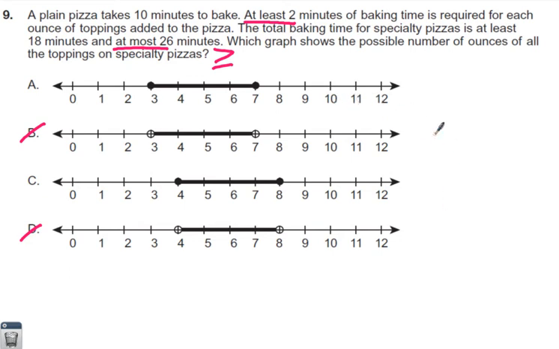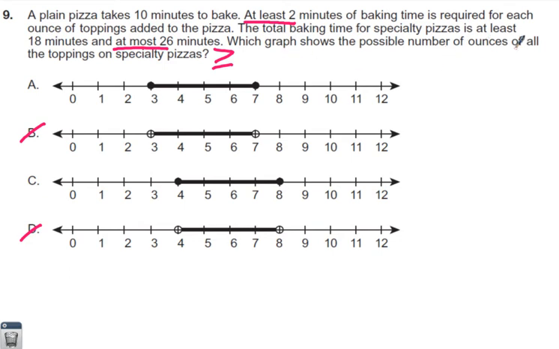So, look, what I'm going to do is think about this sort of in reverse, working it backwards. We added a certain number of toppings, and at least for each ounce of toppings, the total baking time for specialty pizzas... I don't like the way this is worded.